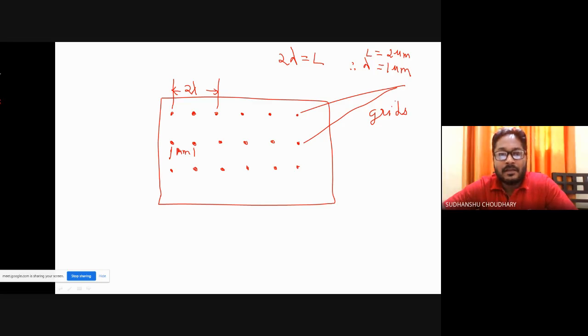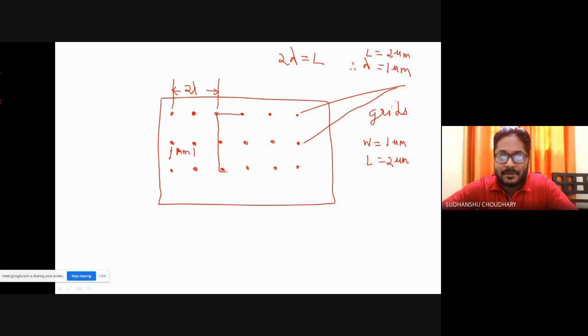Now somebody asks me to draw a wire of width 1 micrometer and length equal to 2 micrometers. So how will I draw? I will simply connect these two grid lines. I'll say this is the width, and now the length is 2 micrometers.